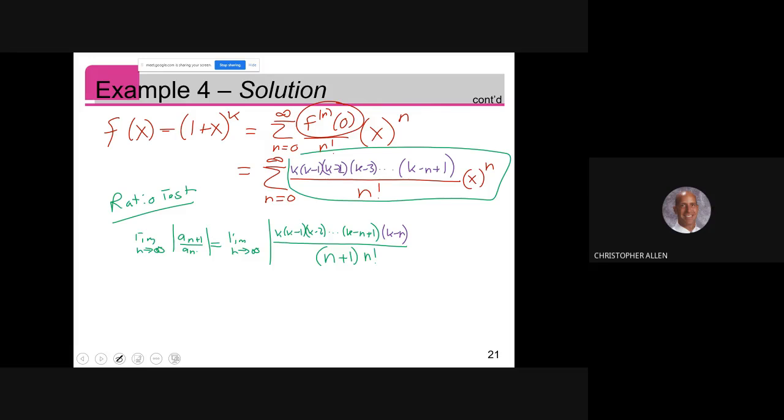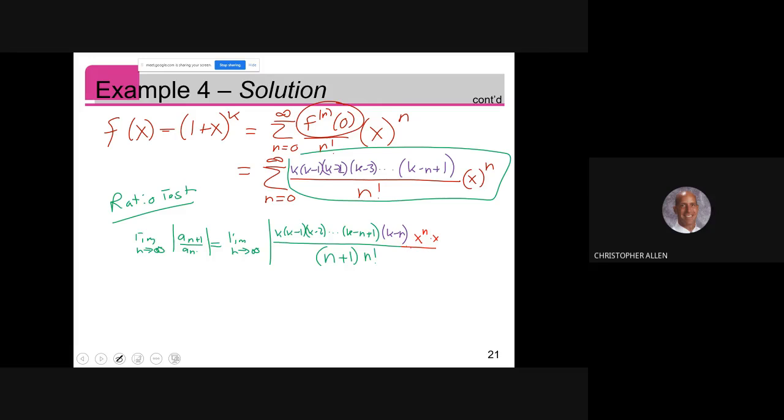Oh, and then I've got to remember this red thing, right? And can you guess how I'm going to write x to the n? x to the n times x or something like that.